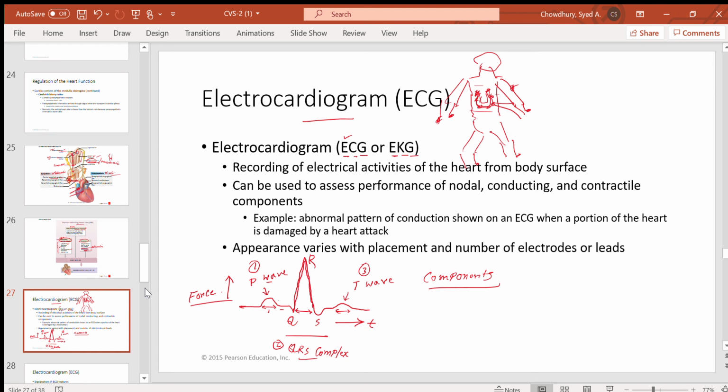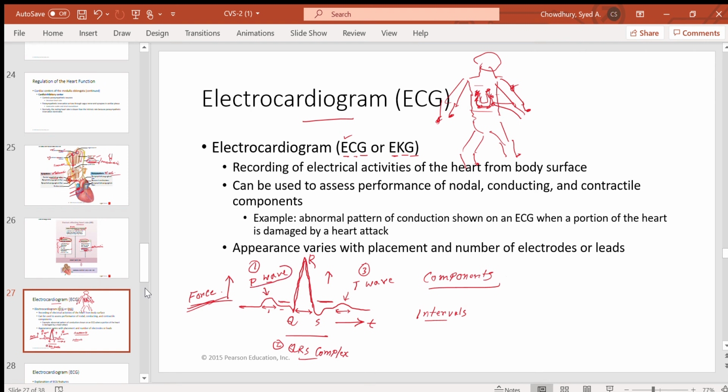Also between P and QRS, the time interval, between QRS and T, the interval. So we measure all these intervals, and we know what is the normal range of those intervals and compare with the patient's interval to see if anything is wrong during the timing, as well as we measure the amplitude, the height, to see the force of contraction, if it is weak or strong. Okay.